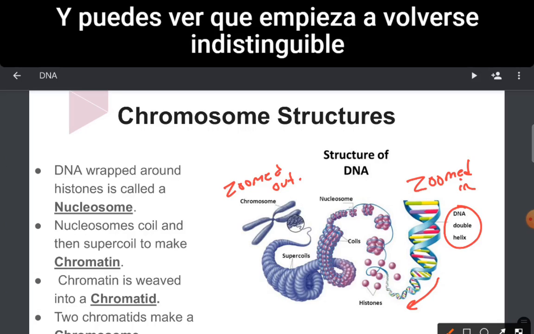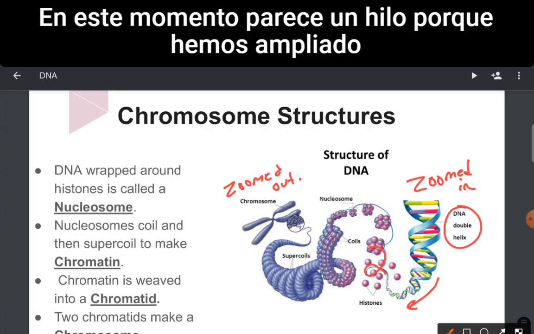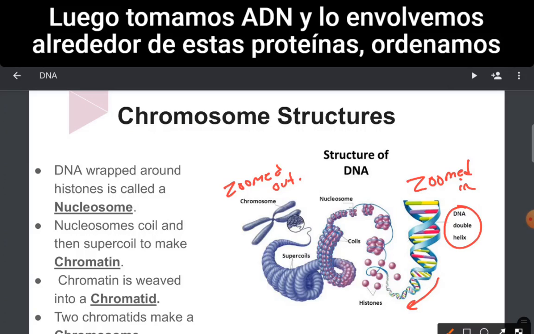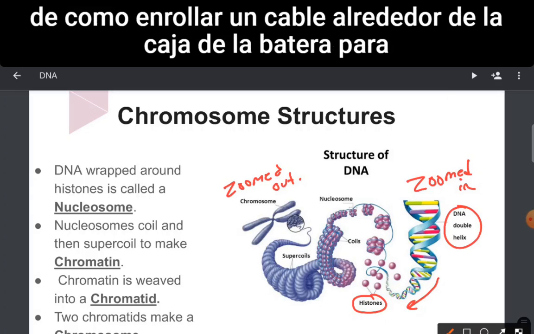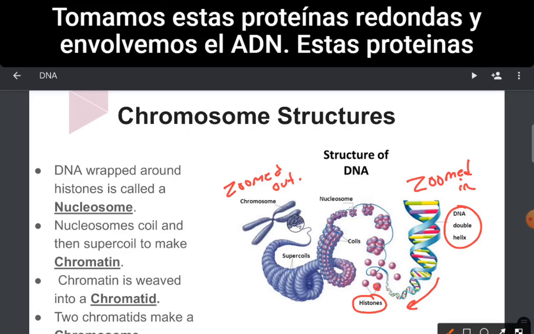And you can see that it starts to become indistinguishable as a double helix at this point here. It just looks like a thread at this point because we've zoomed out so much. We then take DNA and we wrap it around these proteins, sort of like how you would wrap a cord around a battery box to save space in your computer laptop case. We take these round proteins and we wrap DNA.